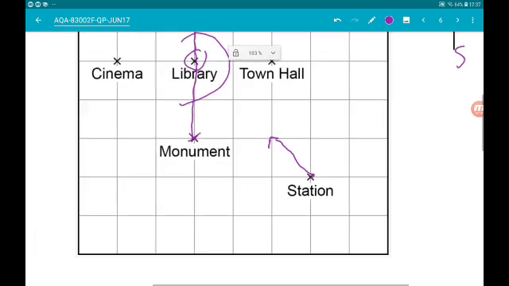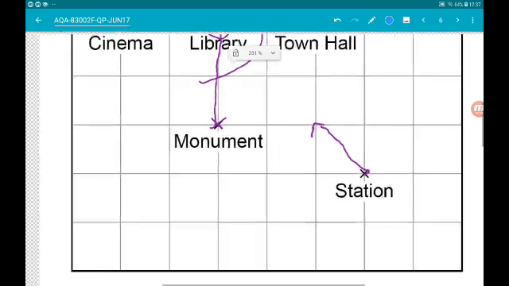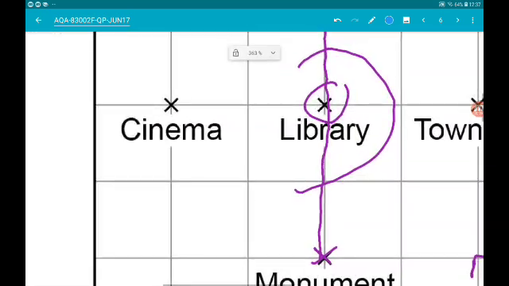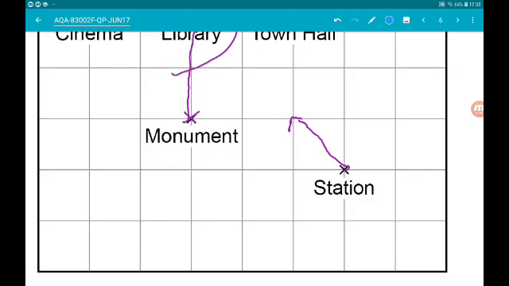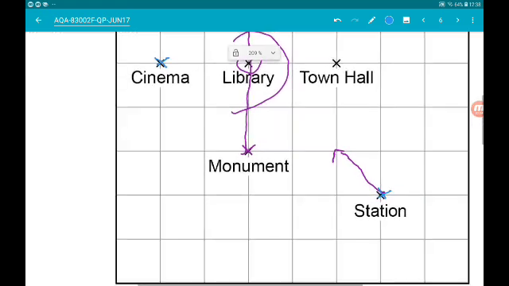So, station is down here. The cinema is over here. So, what we want to do, if you've got this printed out, is measure the distance from the cinema to the station using a ruler.